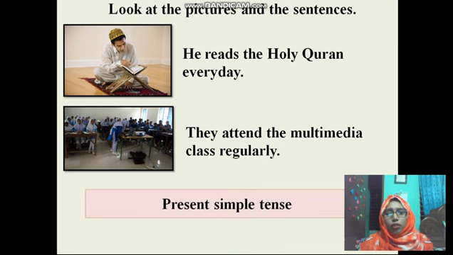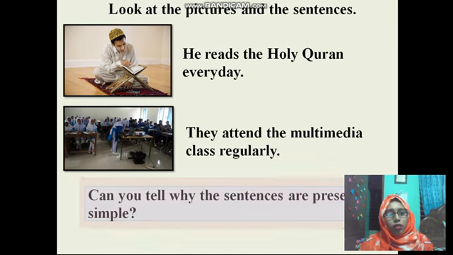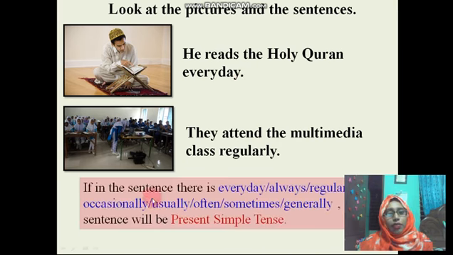Present simple tense. Why? Because if in the sentence there is every day, always, regularly, occasionally, usually, often, sometimes, generally, etc. used, then the sentence will be present simple tense.